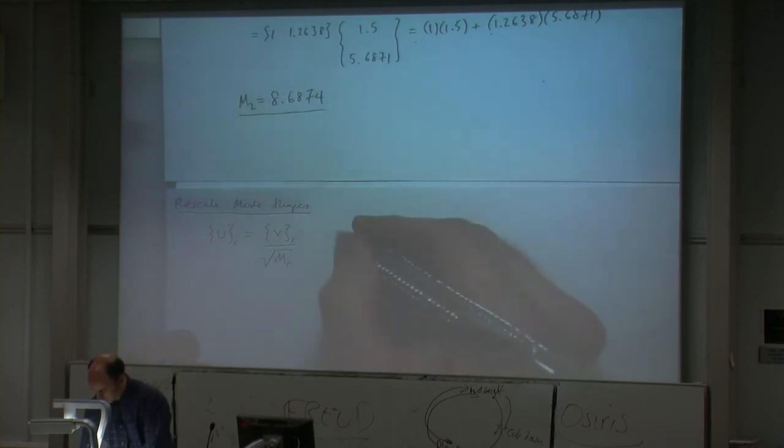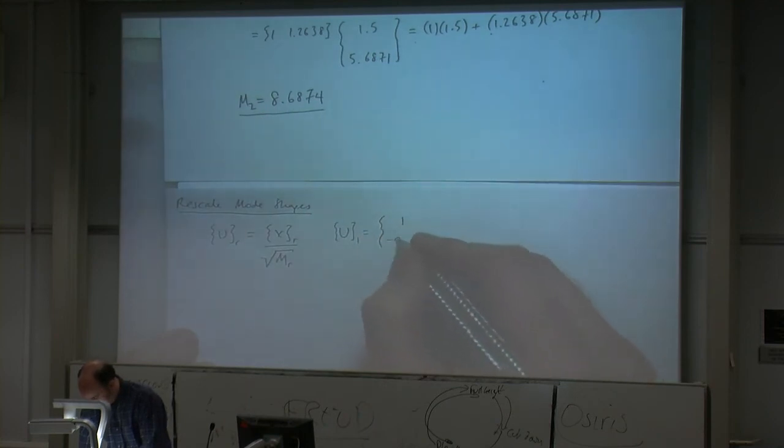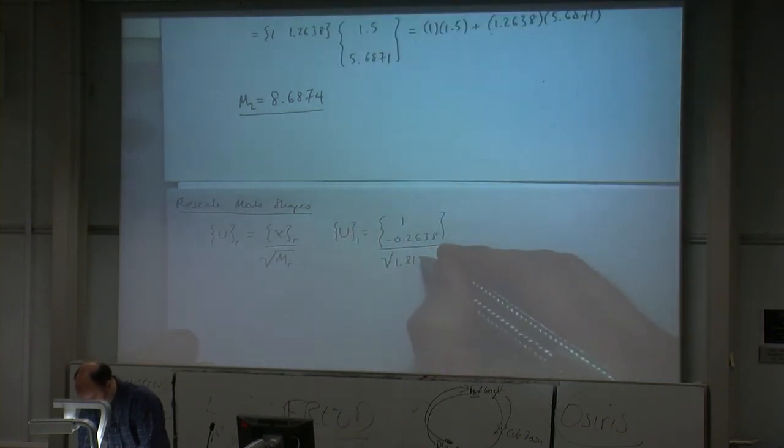And so we can write U1. We take our x1, which is 1 minus 0.2638, and we divide both of those terms by the square root of our modal mass, which is 1.8132.